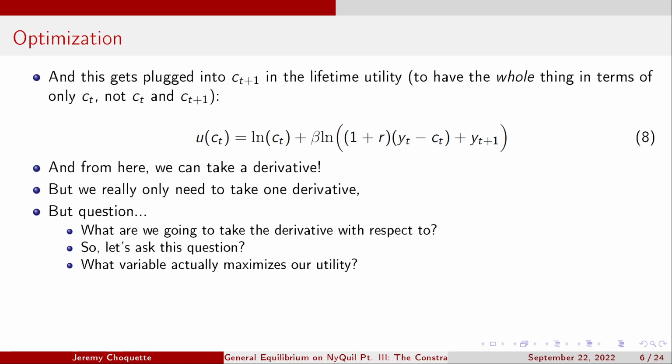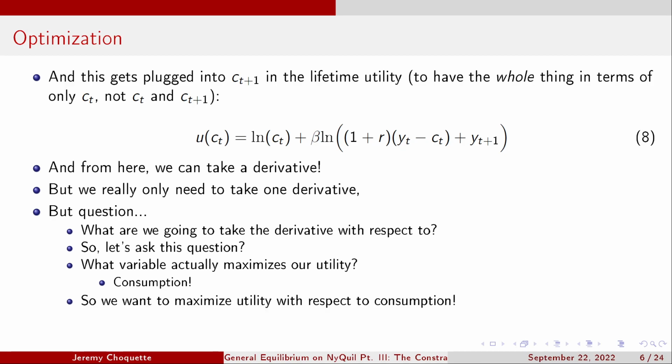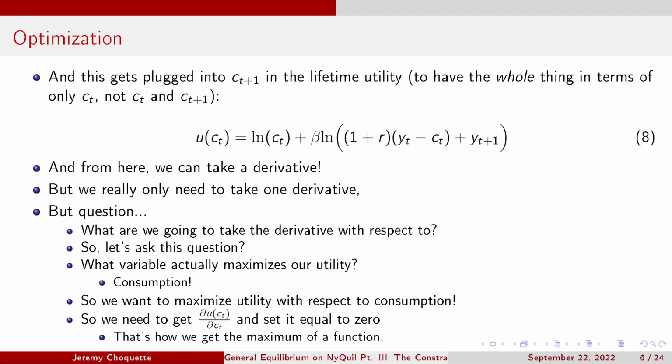Maybe I kind of gave away the answer immediately. But yes, we are taking the derivative with respect to our choice variable, which is consumption. So I want to maximize this with respect to C_t. I take the partial derivative, partial u of C_t over partial C_t, and set that equal to 0.